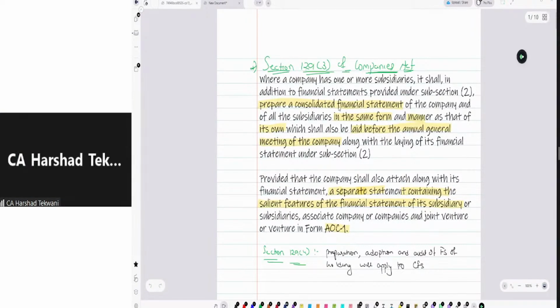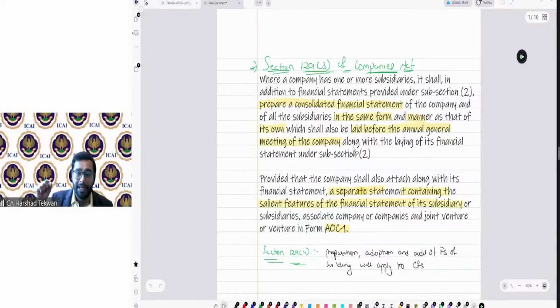So the question comes is, let's say, for example, I'm going to audit consolidated financial statement. How would I know whether the management has fulfilled their responsibility or not? Unless and until I am not aware about their responsibility.